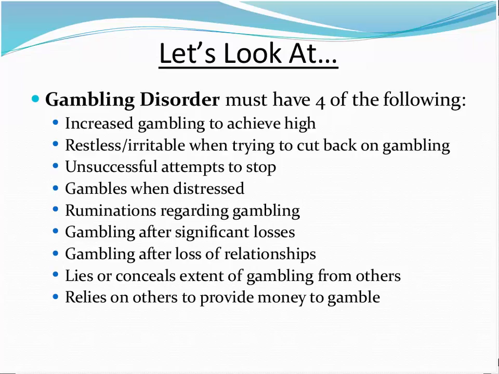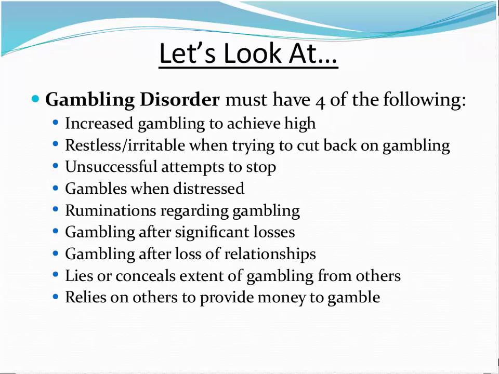So pathological gambling had been in the DSM-IV under impulse control disorders, but it was moved here as the neurological research came to show that it really did mirror the use of drugs as far as the pathways that were developed in the brain.